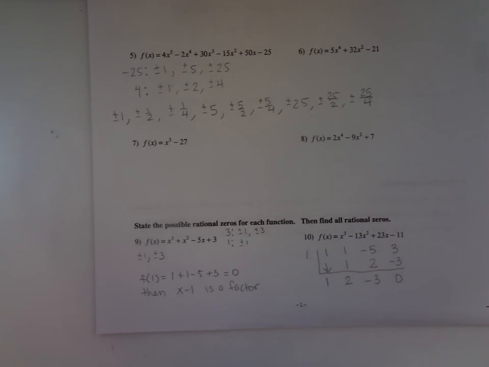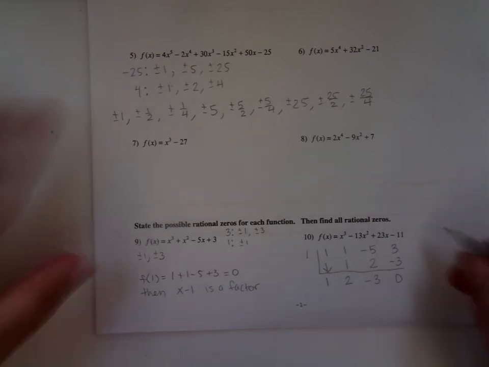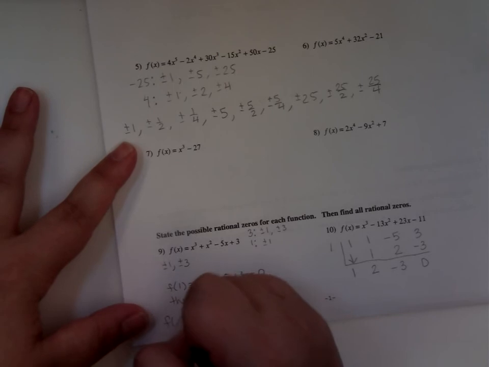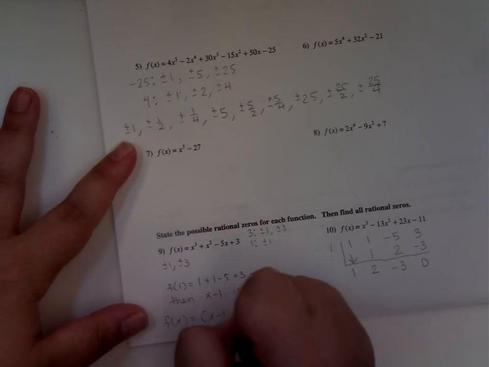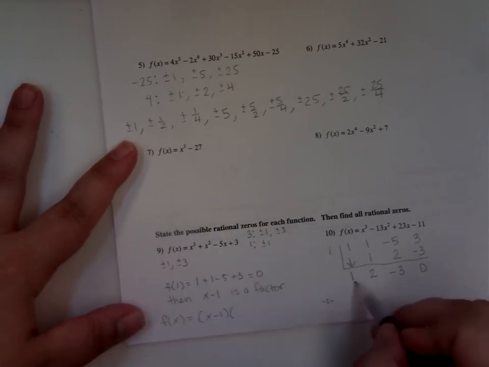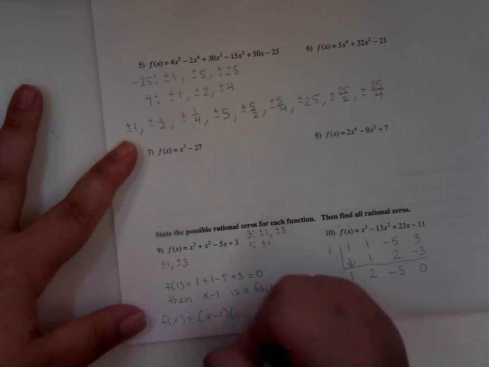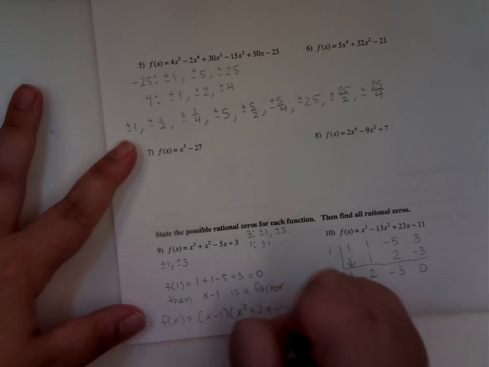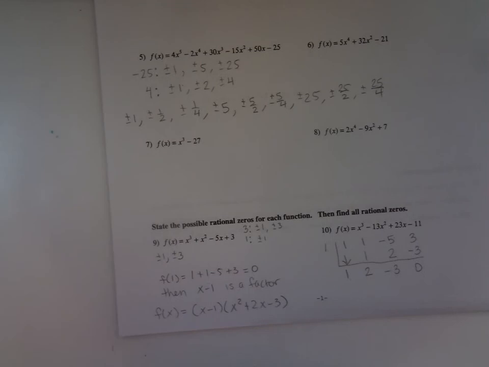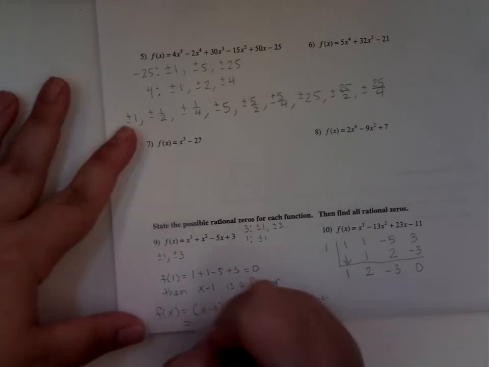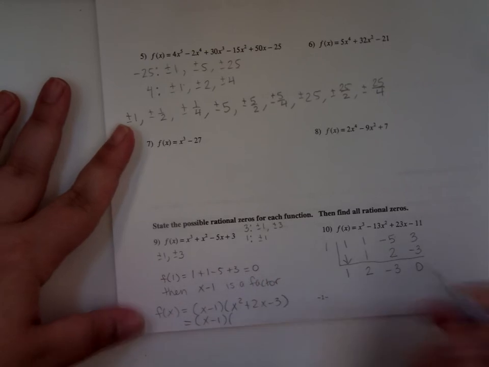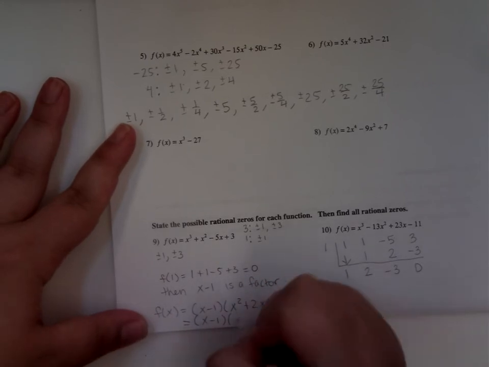So what do we get when we factor this? We've got x minus 1, and then what's left over is x squared plus 2x minus 3. That's great. Now we've got a quadratic, which is easily factorable. So we've got x minus 1, and we've also got x plus 3 and x minus 1.